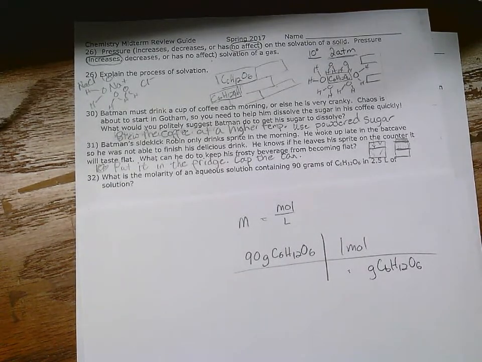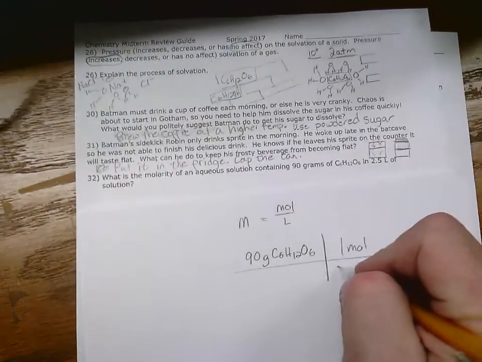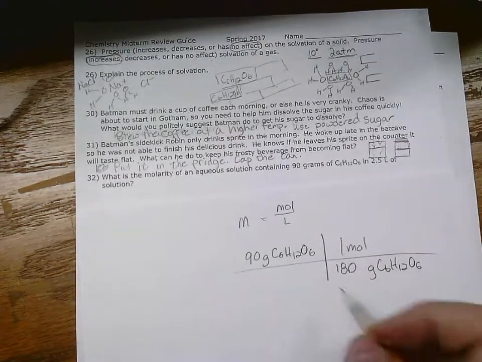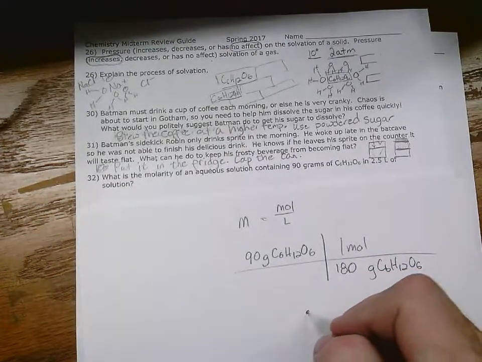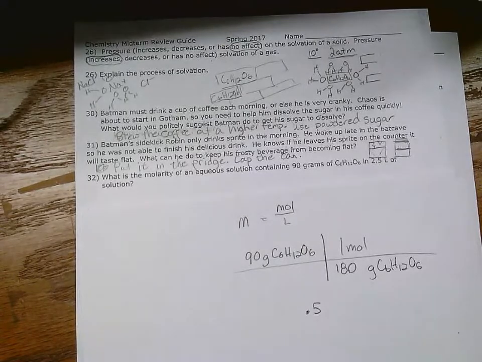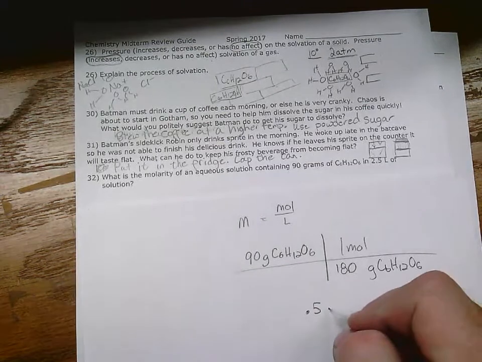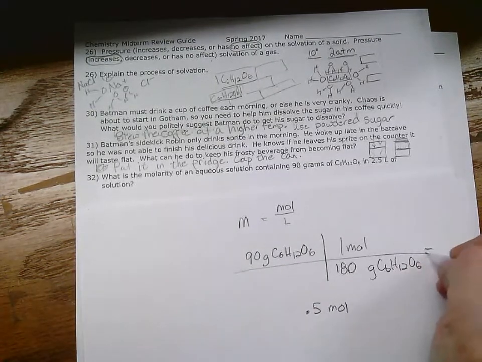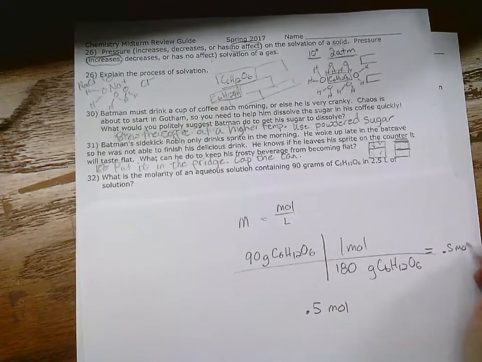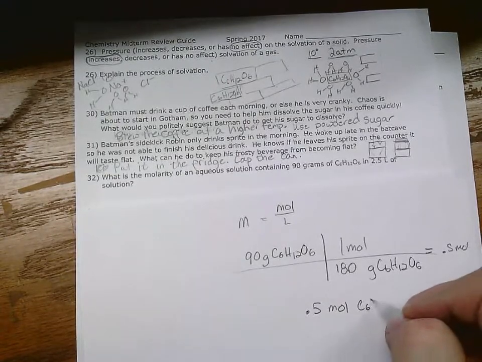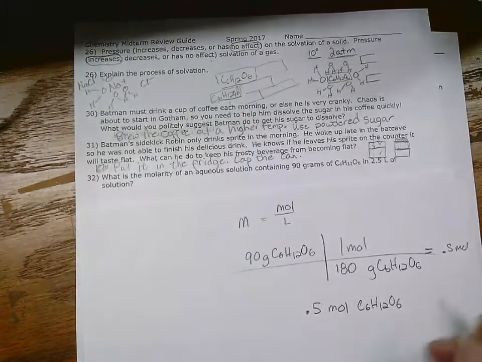So 12 times 6 plus 12 plus 6 times 16, which is the oxygens, equals 180. 90 divided by 180 is 0.5. So we have 0.5 moles of C6H12O6.